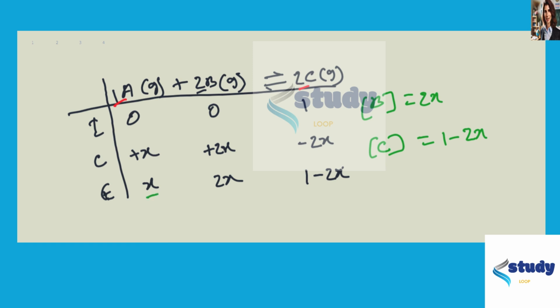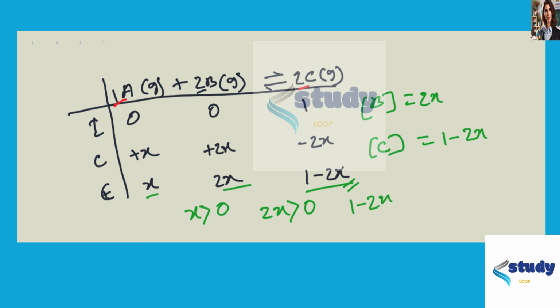From here we can see that X is the concentration of A, and for the concentration of A to be positive, we have to write X is greater than 0. Now 2X will also be greater than 0, and the equilibrium concentration of C, 1 minus 2X, also needs to be greater than 0, or positive.